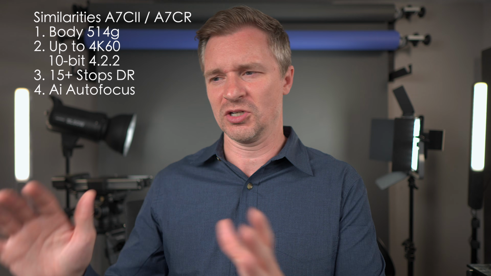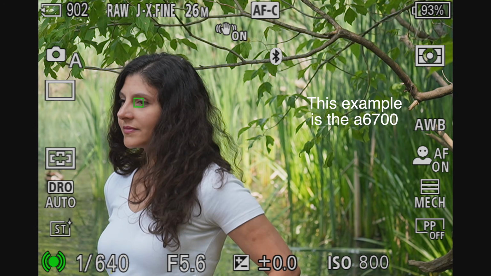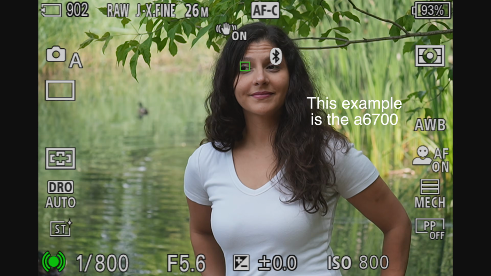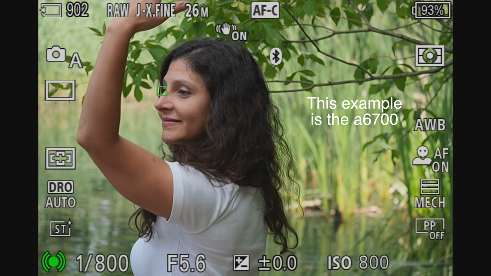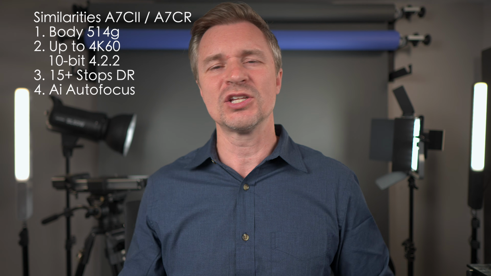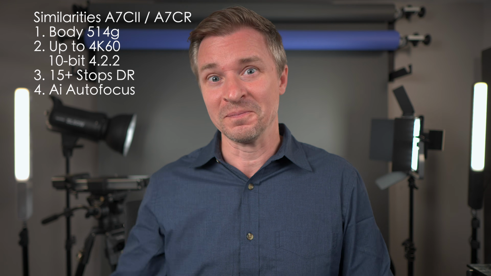It's bonkers. And as the animal or human turns around, it can predict where the eye is going to be as they spin around. It is amazing. The ability to track and the ability to nail focus is just so great. It is difficult to miss your shot. And trust me, I have tried.